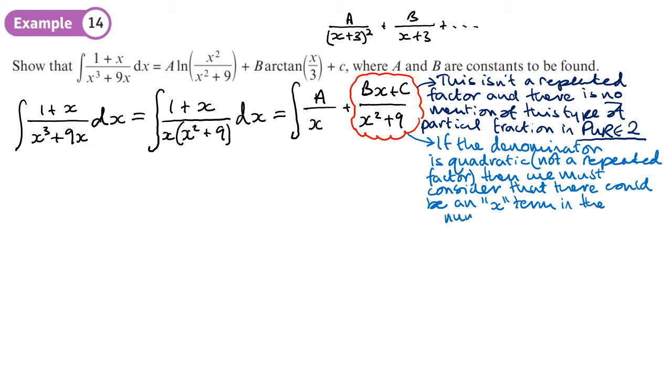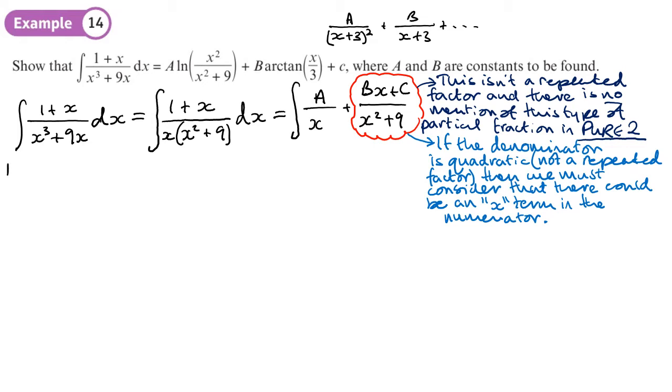So just be aware of that. If they do put a question like that, it would be a bit naughty, because I can imagine students will just put a b at the top here, not a bx plus c, because this doesn't occur anywhere else in the Pure Year 2 book.